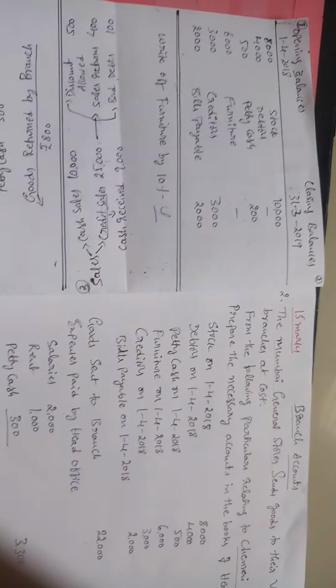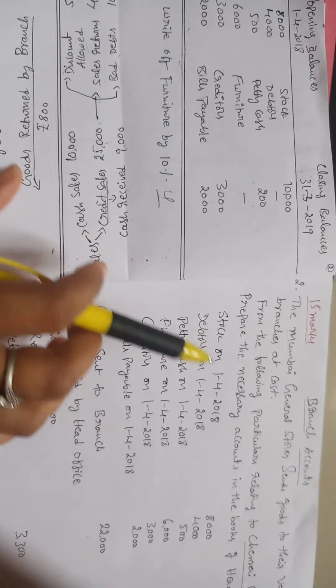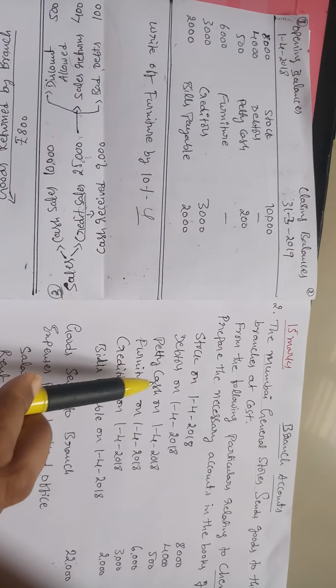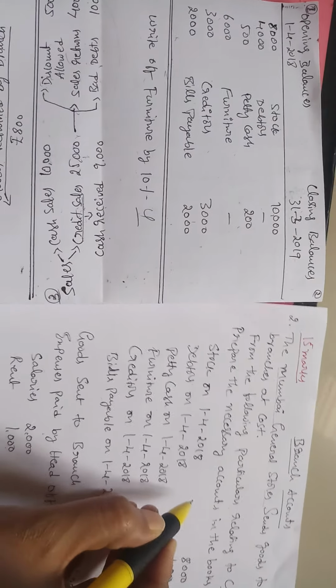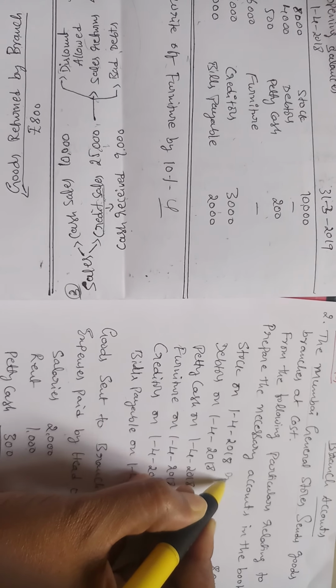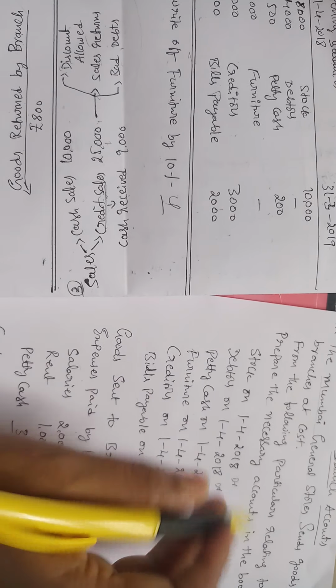See, this is what I prepared. You know that opening stock, debtors, petty cash, furniture, and creditors are the openings, right? In the branch account these will come on the debit side.